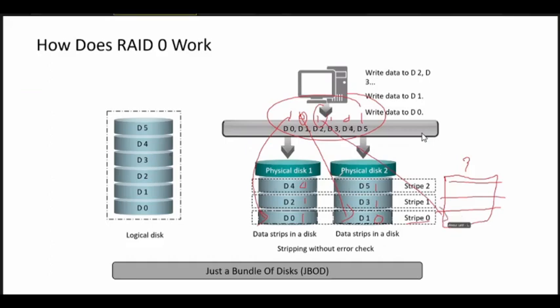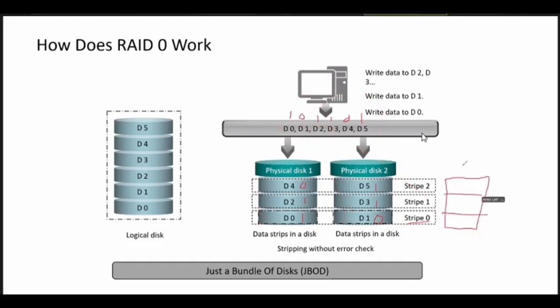So we cannot do it like this, this one in this one, we cannot move it to this one. That's not how RAID works. We must put data in stripe 0 first, and then move to stripe 1 and stripe 2 and so on, like that. Okay, that's clear.